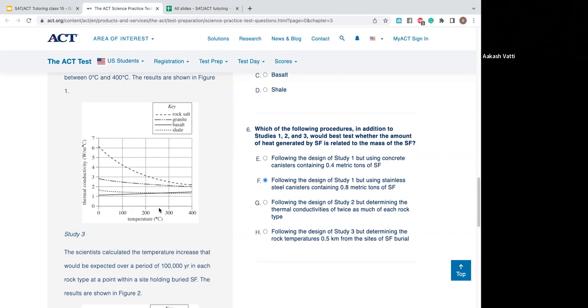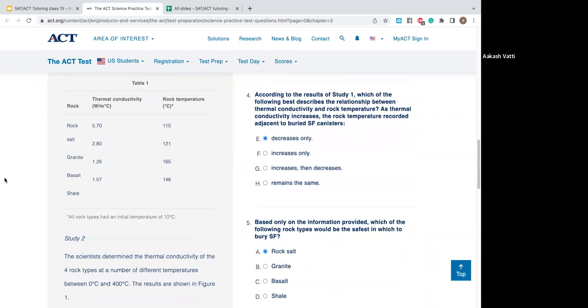And to do this, study 1 should be repeated with different masses of SF. So in study 1, 0.4 metric tons of SF were tested. So using 0.8 metric tons of SF would provide a comparison to determine how the mass of the SF affects the amount of heat generated by the SF.